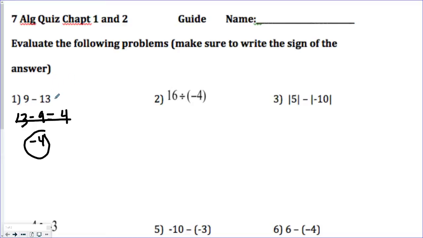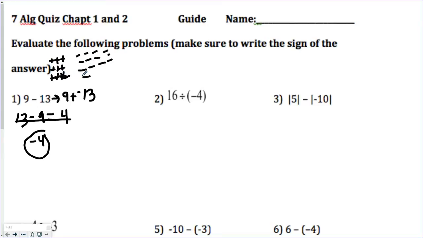If you want to, you can also rewrite this problem as 9 plus negative 13. This, for some people, makes it a little bit easier because they can think about, okay, I have 13 negatives, I have 9 positives, cancel out the positives and negatives, and figure out how much is left. So they would draw 13 negatives and 9 positives. If you're going to add these together, that means the positive and negative cancel out.